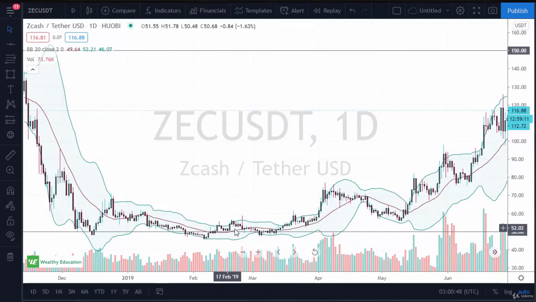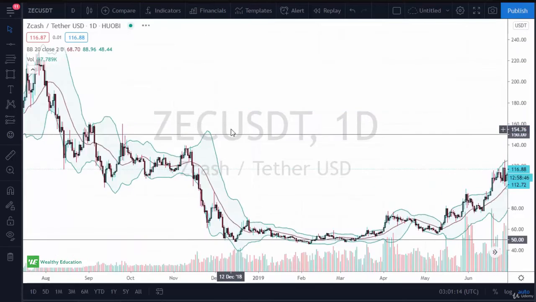It's just crushing, and then eventually you do get this move here on higher volume. That should send you going to the upside. If you put stop loss on the other side of the Bollinger Bands, you got nowhere near running into trouble. And in fact, even if you rode it all the way down to here, not that you would, you still never hit your stop loss, and then you took off to the upside.